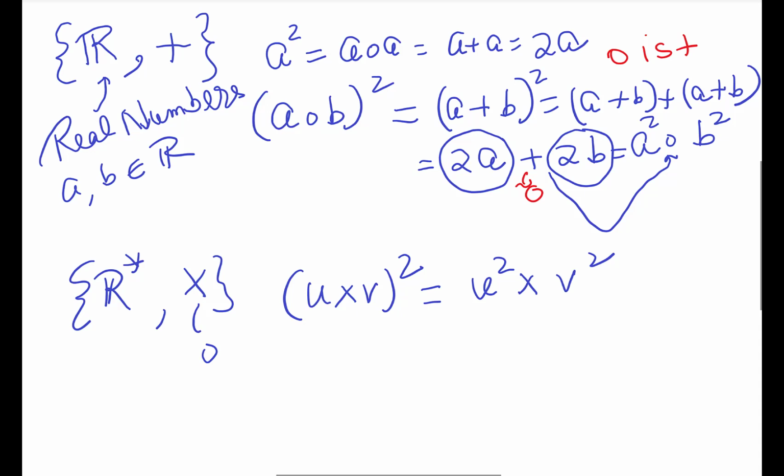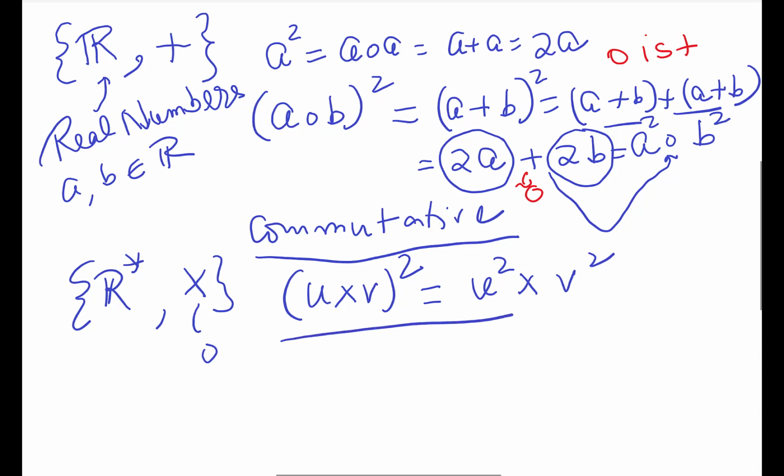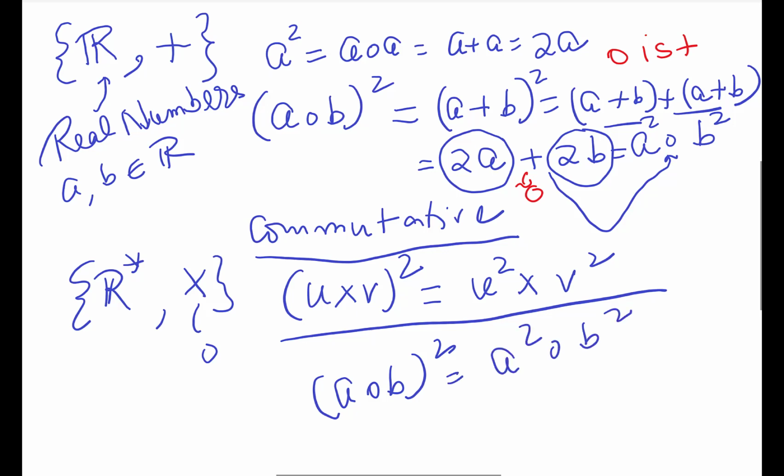And now, as I mentioned just a few seconds ago, both these operations are commutative. So whenever, see here, we were able to interchange the places of a and b. So this kind of relationship, that (a o b) square equals a square o b square, just became possible easily.